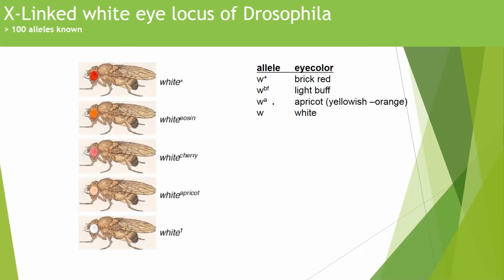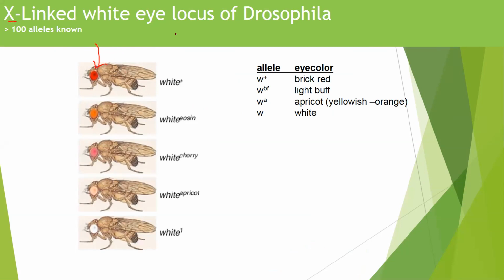Okay, so when we talk about Drosophila, the fruit fly, as you can see, we have learned this before, right? There's one gene on the X chromosome, that's an X-linked gene, and that gene can determine the color of the eyes in Drosophila.